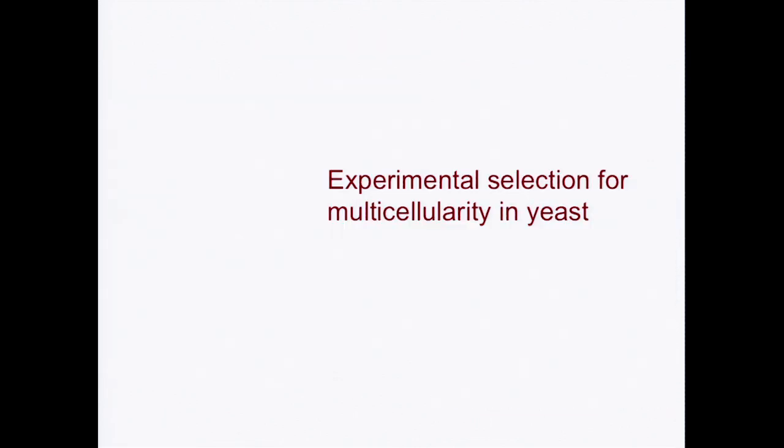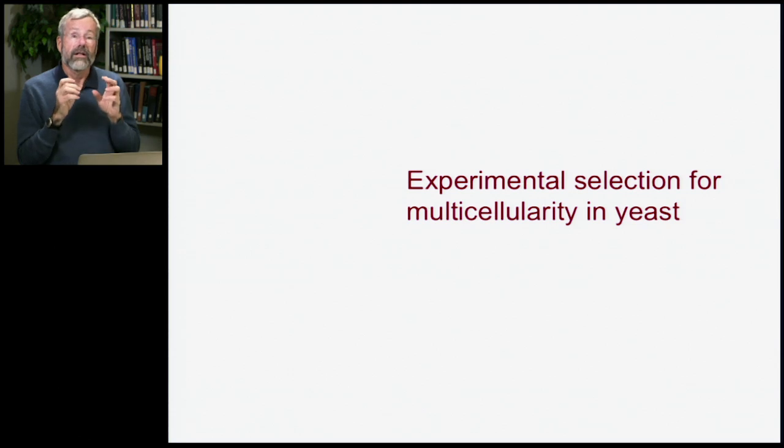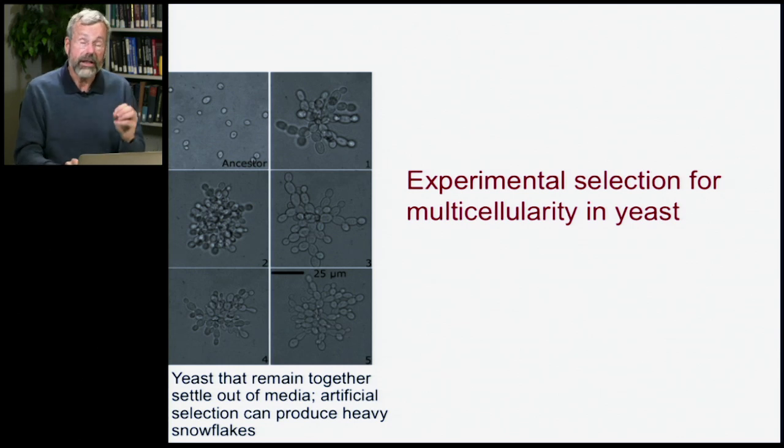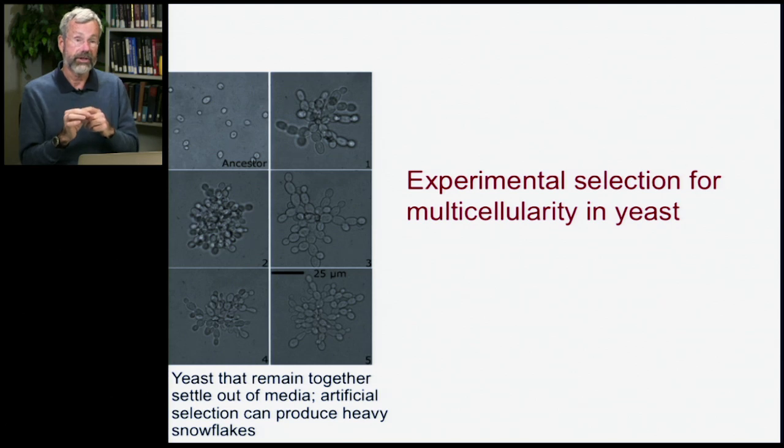Now, we can, in fact, select for aspects of multicellularity in the lab. This is something that is known and really quite well studied. So yeast are single-celled eukaryotes, so they have the mitochondria inside them. Each cell is much bigger than that of a bacteria, but yeast is primarily a single-celled organism.